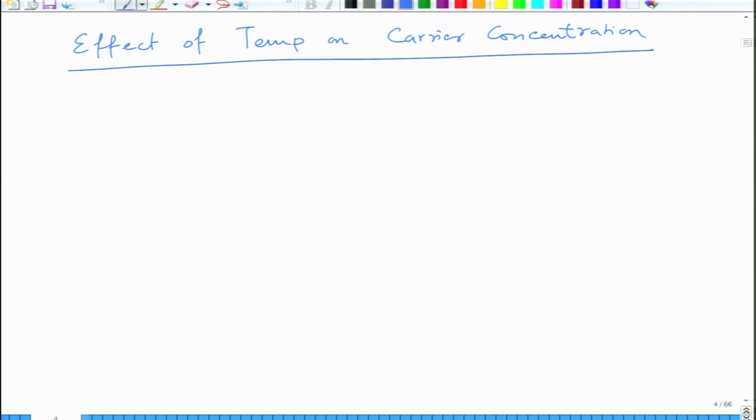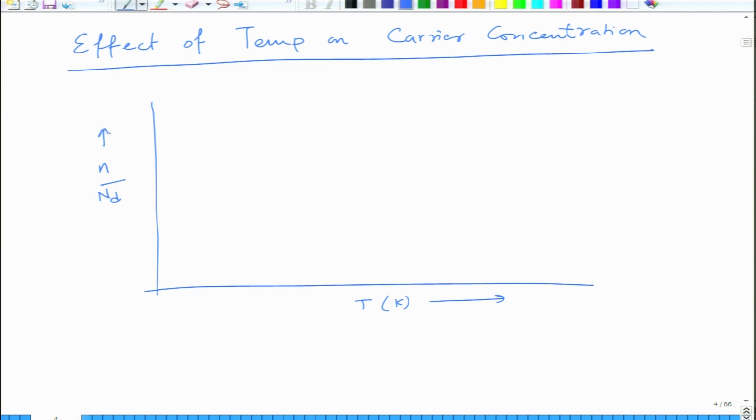When you plot, let us say for an n type semiconductor, n divided by Nd as a function of temperature in Kelvin, n divided by Nd will be equal to 1 at a certain place, then it will be 0 at a certain place, it will be half, and then it keeps increasing as you go to high temperatures. So 1.5, 2 and so on.